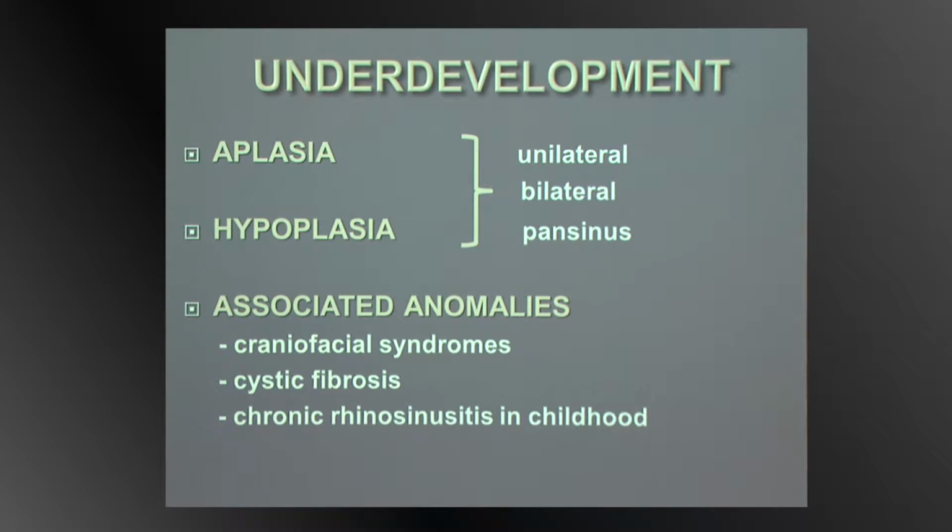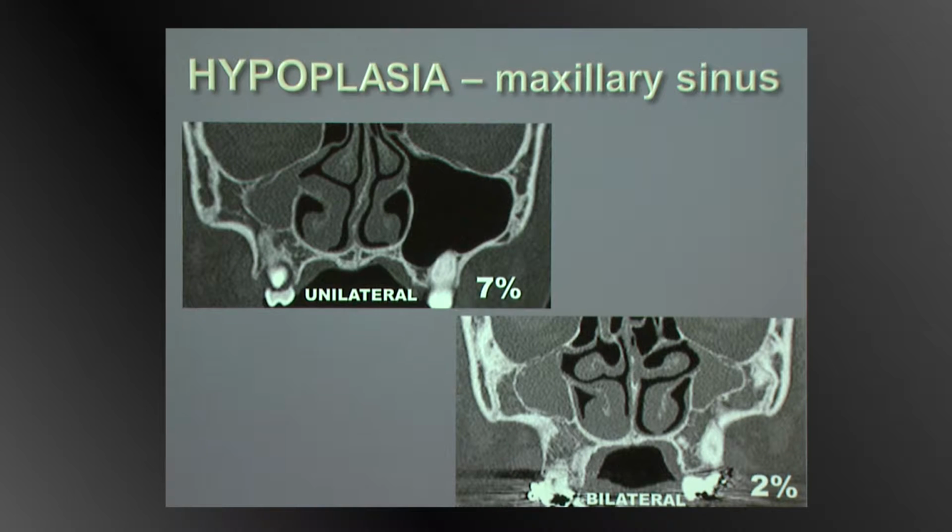So underdevelopment may be aplasia, absence of, hypoplasia, small, maybe unilateral, bilateral, or pansinus. And it's associated with several anomalies, including craniofacial syndromes, cystic fibrosis, and chronic rhinosinusitis in childhood will give you small sinuses.